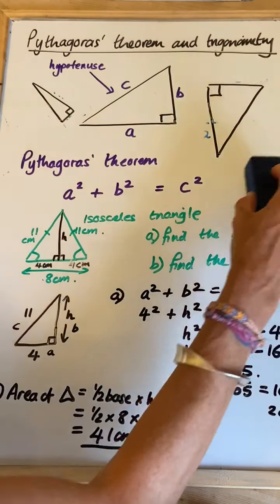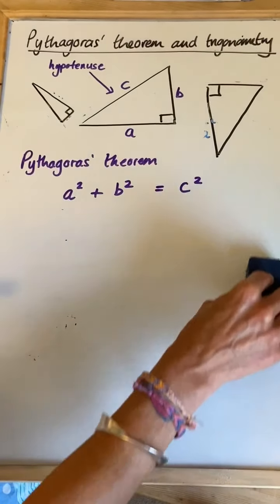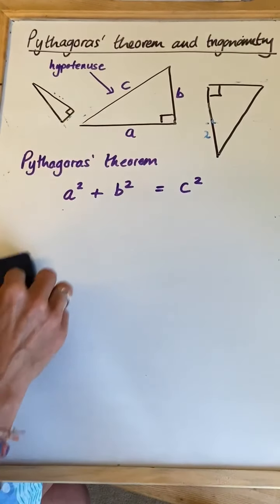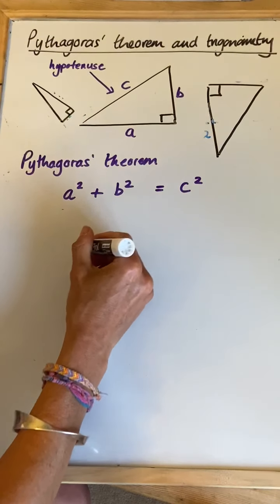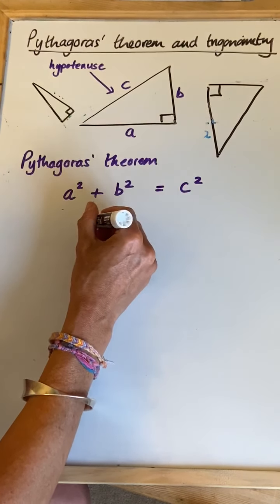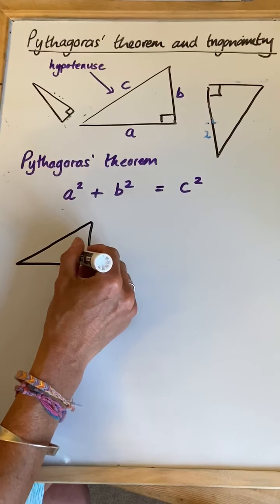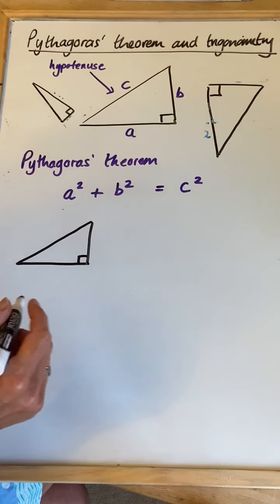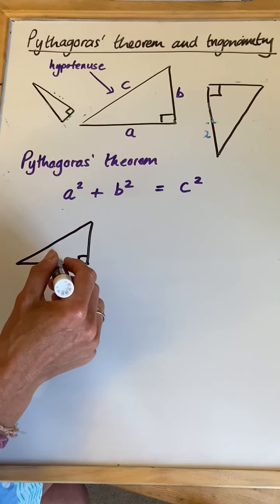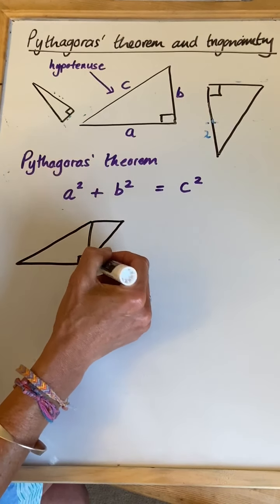The other sorts of things that you might have to do are you might have more than one triangle connected together. So if I've got a right angled triangle here, there's my right angle, and that could be connected to, let's just say a right angled triangle here.